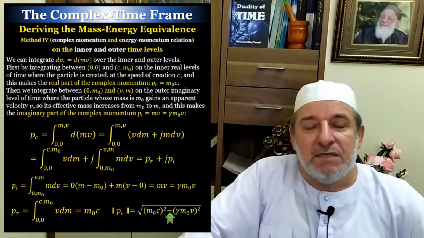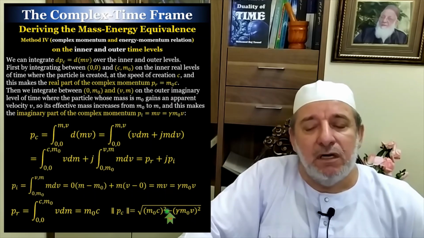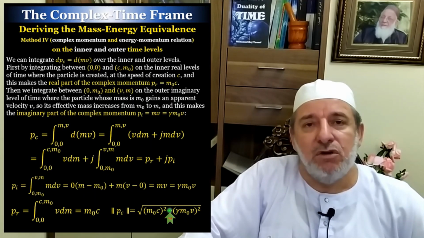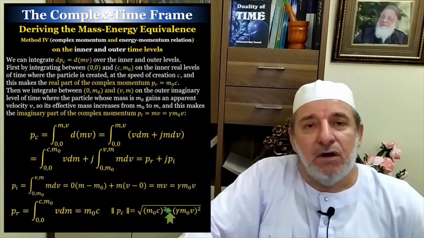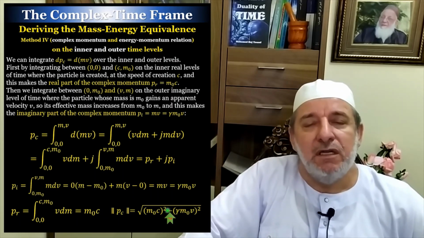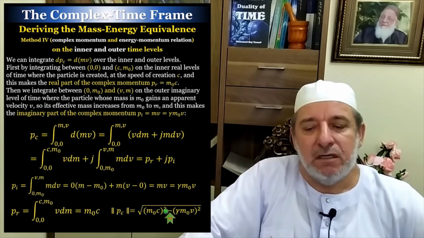So this minus here, in our current formulation of relativity, we see it as a plus. The reason for this is that in our normal life we are considering space to be spherical, and therefore we are working with normal complex numbers.